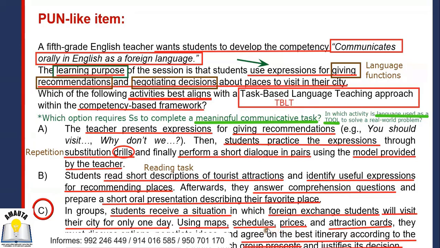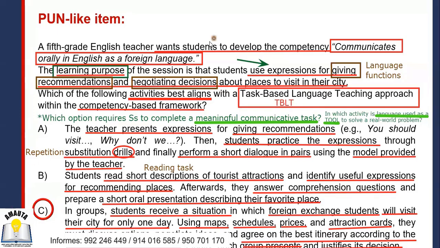It's not just to use the grammar or the language function without any purpose. No, the purpose is communicative. They integrate the capacities here. They think by themselves, they are autonomous. Students make decisions here, right? Exactly. Good job. It's letter C, my dear teachers. All right?